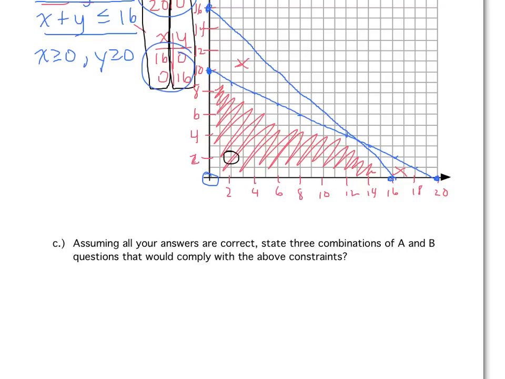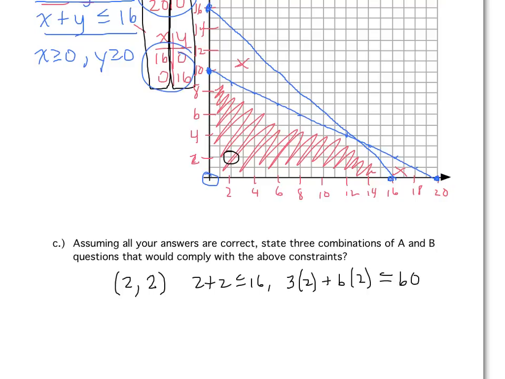If I did 2 type A and 2 type B, that's going to work because that's less than 16 questions. So 2 plus 2 is less than or equal to 16, and 3 minutes per type A and 6 minutes per type B. That's 6 plus 12, which is less than or equal to 60 minutes.